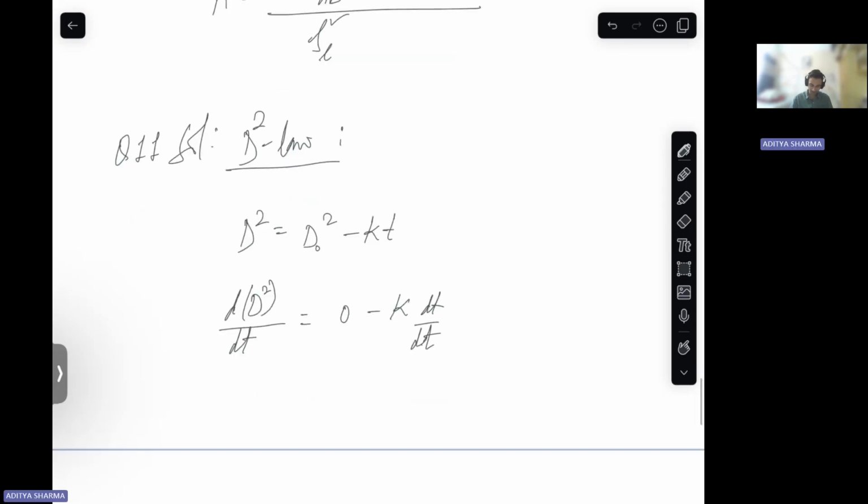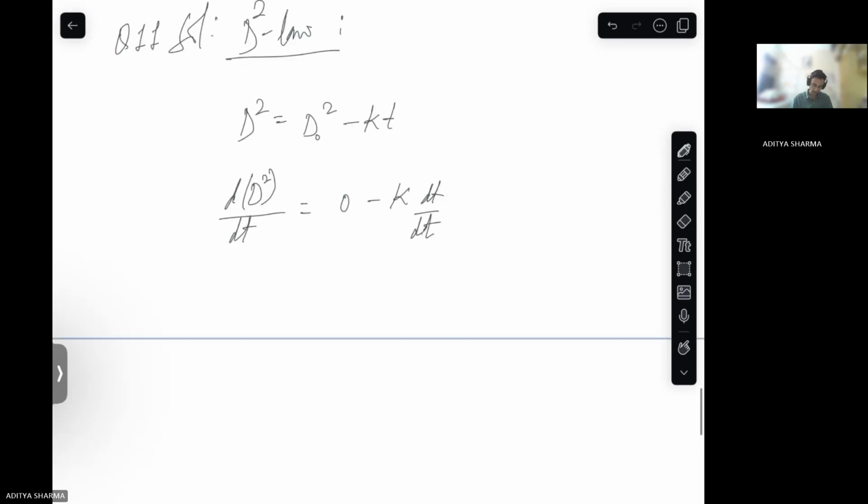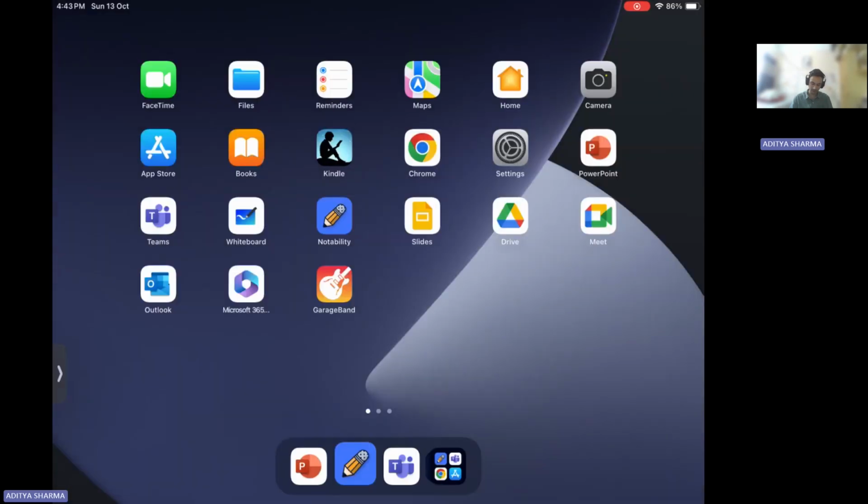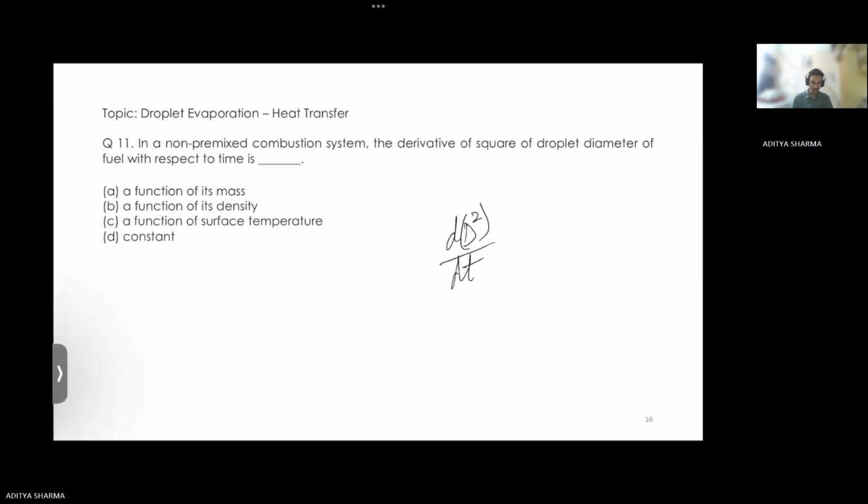So this will be minus k. So k is your evaporation constant. Clearly this is a constant. So the correct option will be B option, right? So let's see the answer. So B is the correct answer.